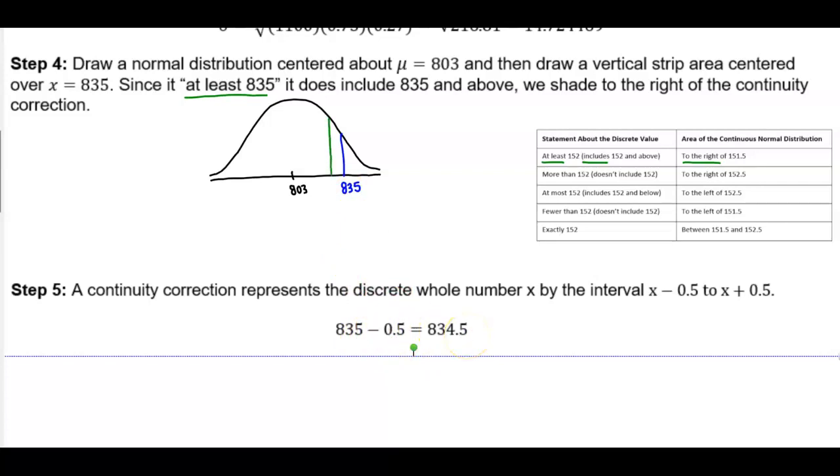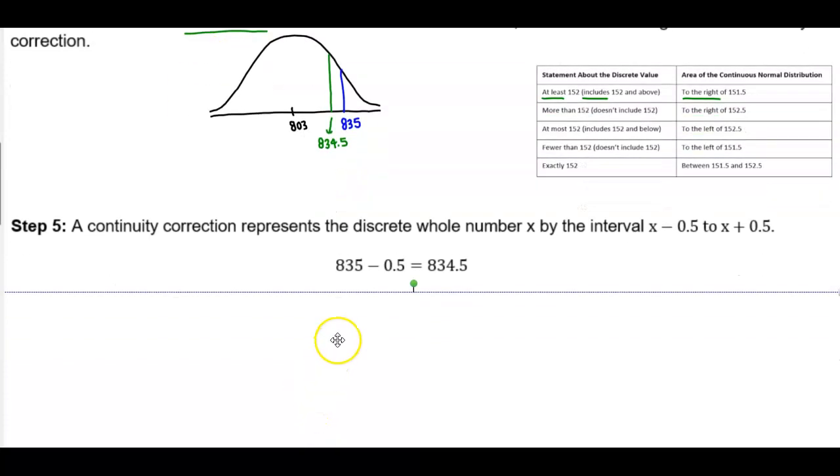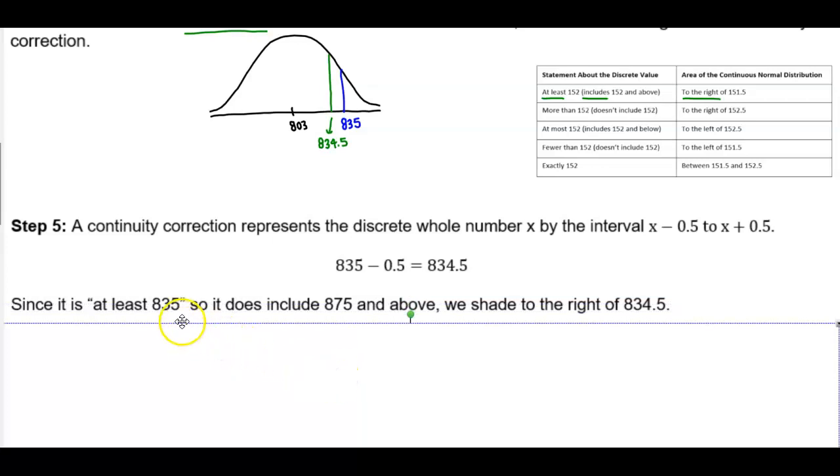So over here, we're going to represent that value as 834.5. And since it's at least 835 and includes 835, this should be 835 there, and we want to shade to the right of 834.5.